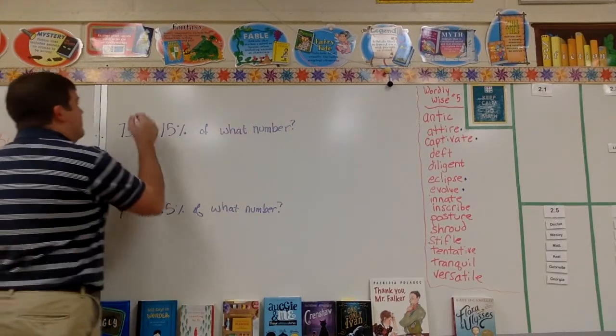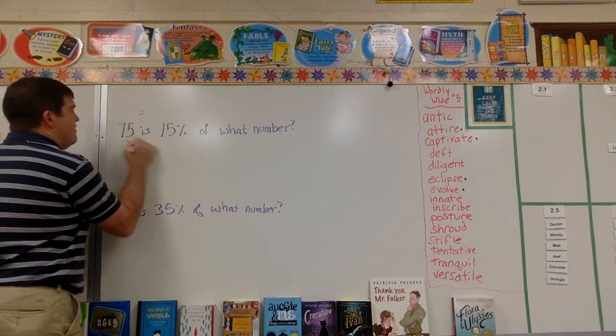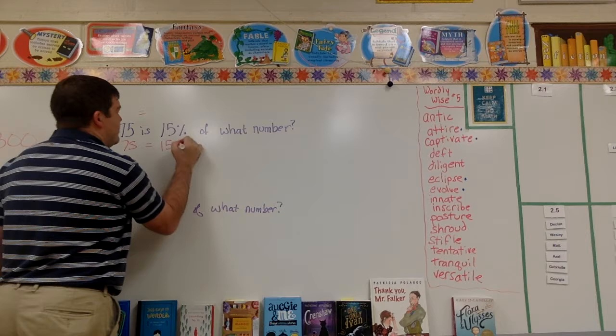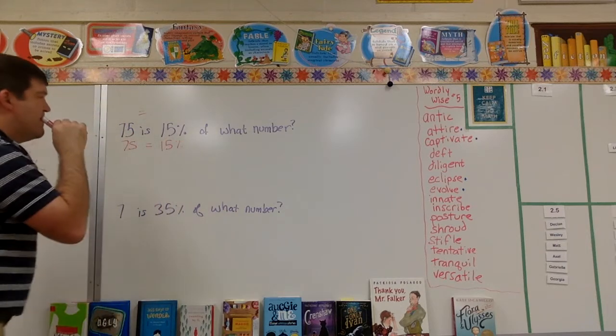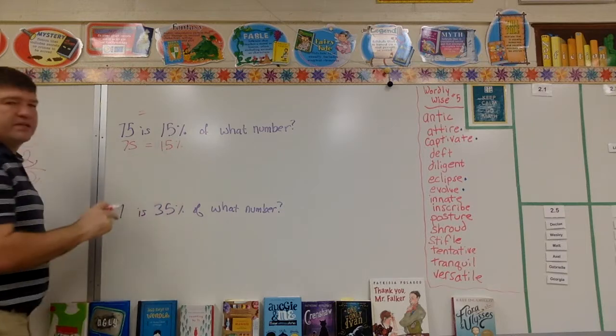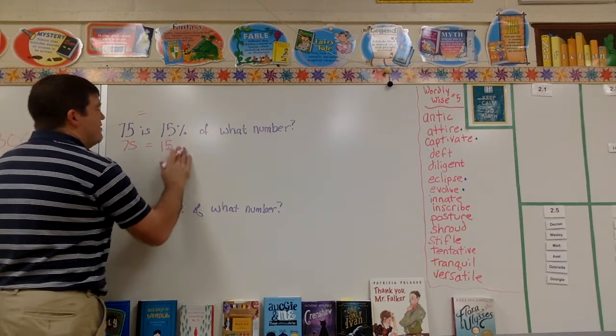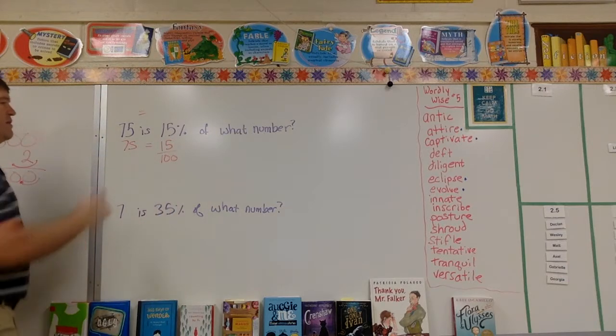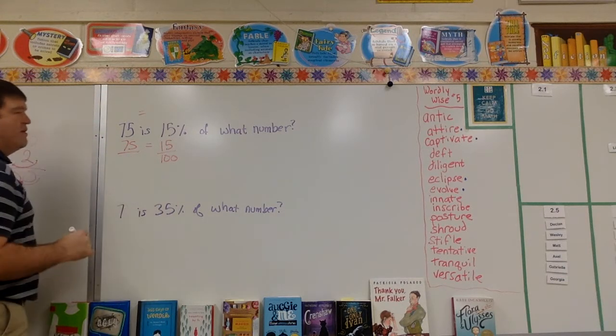Okay, I have this here. 75 equals 15%. Okay, so of what number? We know 15% is always a number out of 100. So then I'm going to make this into a fraction.